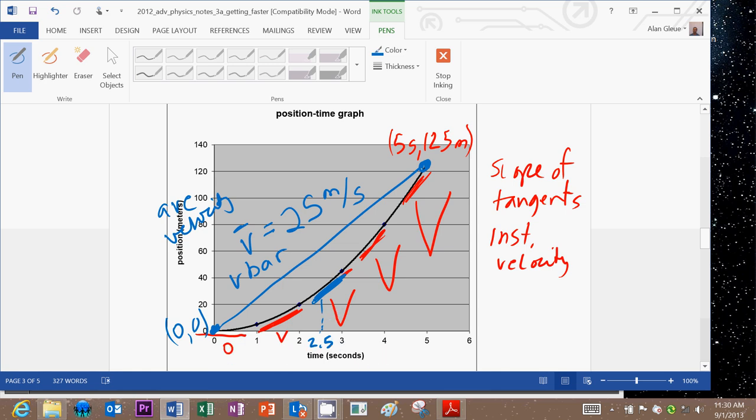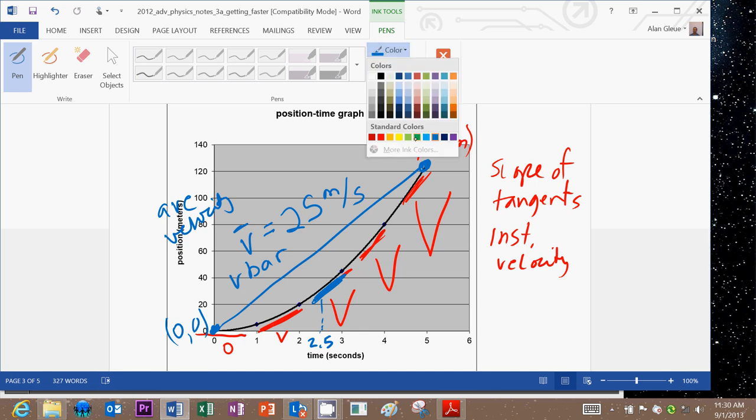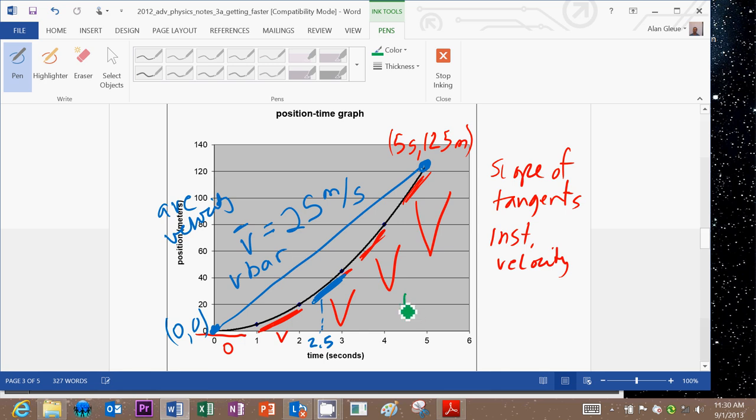For times less than 2.5, down in this region, the velocity of the car is less than the average velocity of 25, right?